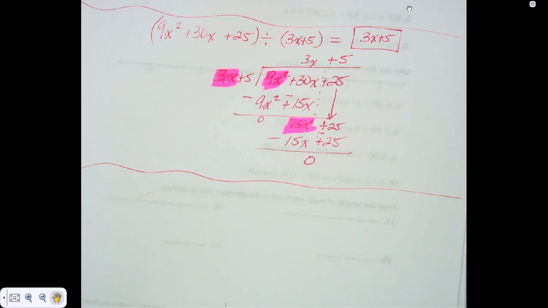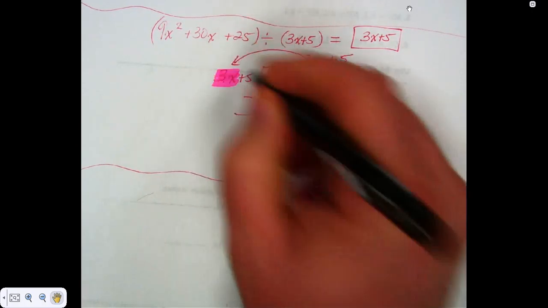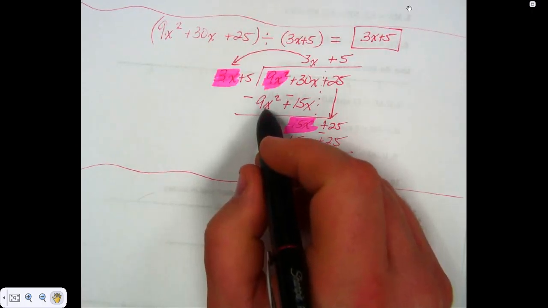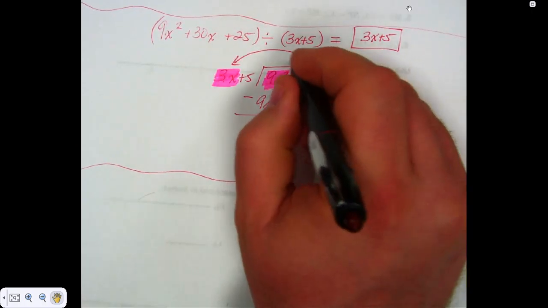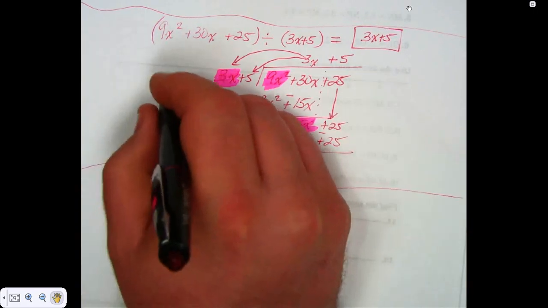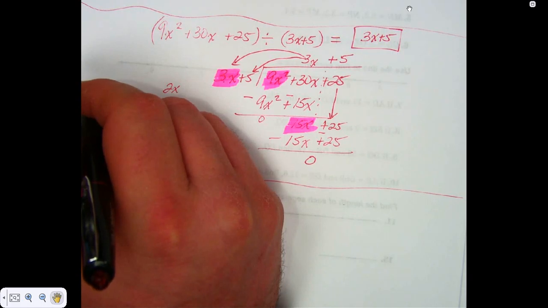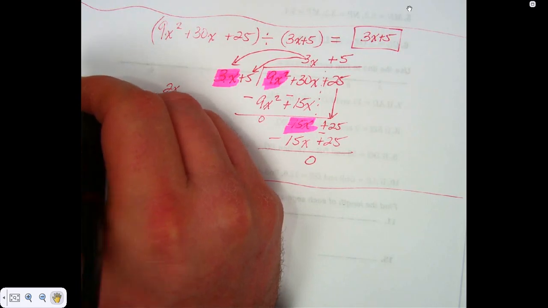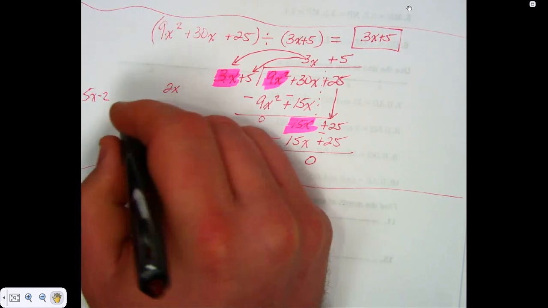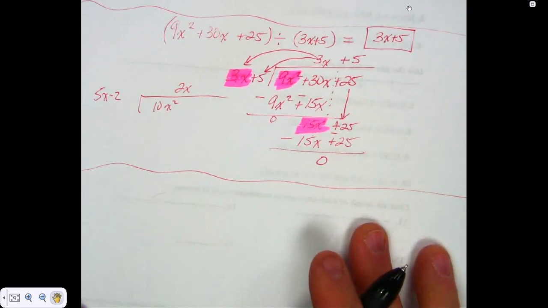It's no different than this one. When you put what you put right here, what did I do? I multiplied that times the first one to get that, right? Quiet, please. I multiplied that times that to get the second one, right? You've got a problem where you put 2x here, and you have 5x minus 2 outside, and you had 10x squared here, correct?